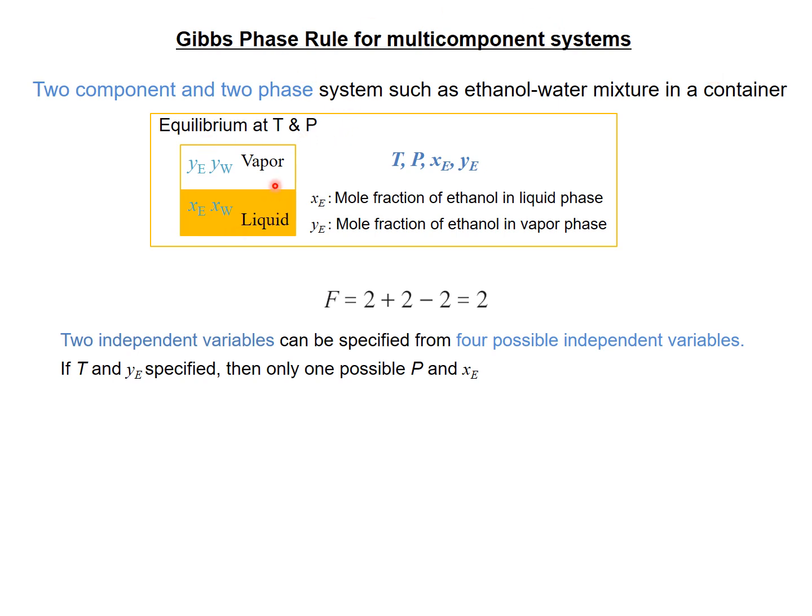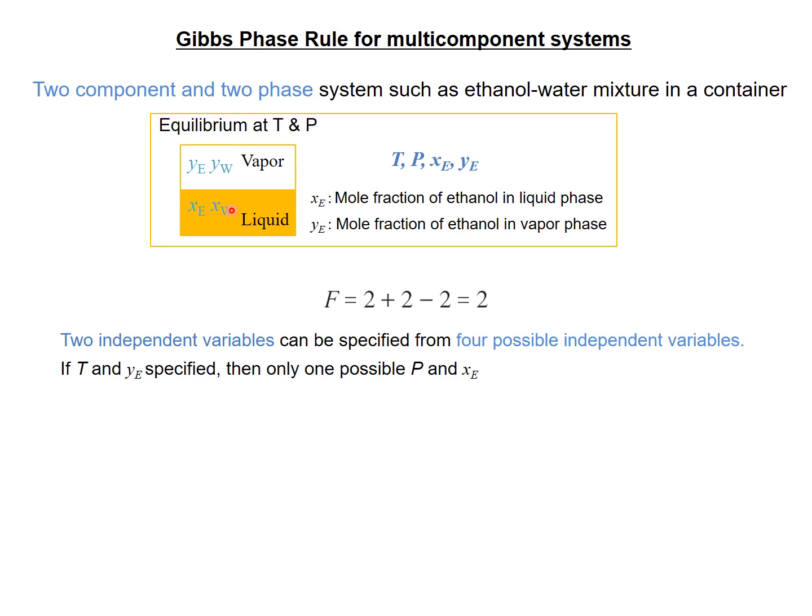Here is a container, and you have a mixture of ethanol, E, and water, W. At some temperature or at some pressure, this mixture is separated into liquid and vapor in the container. Each phase has its own composition. Like for the liquid phase, we have the composition of ethanol, Xe, and the composition of water, Xw.